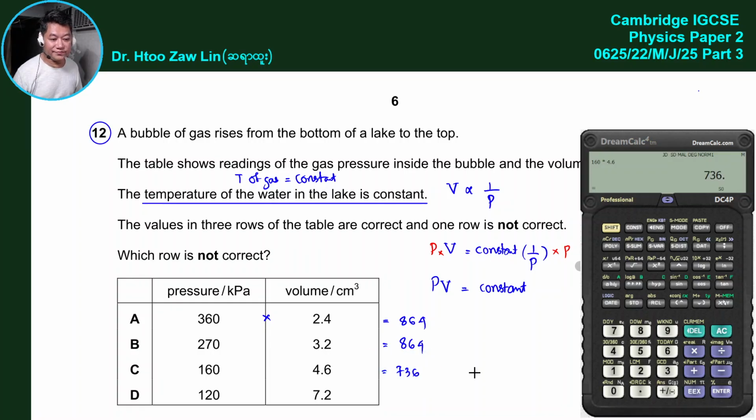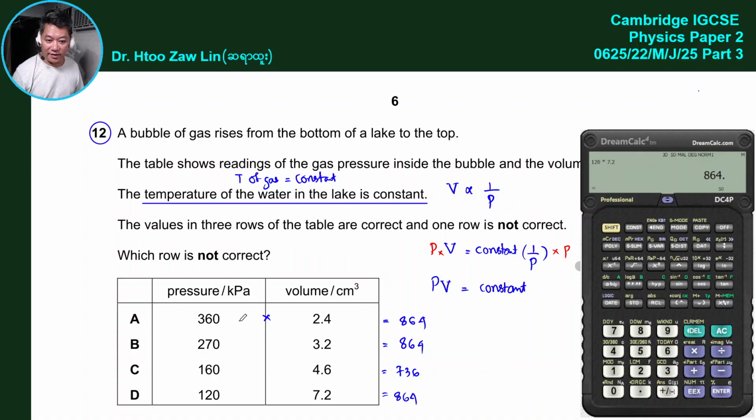Oh my God. Let's see row D. 120 times 7.2, which gives 864. Okay, very good.